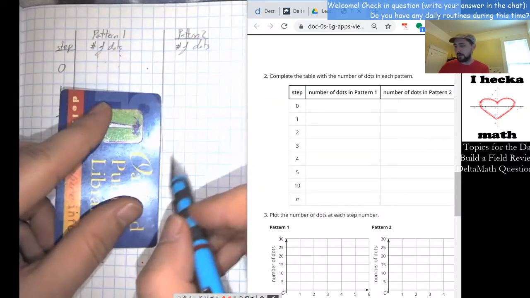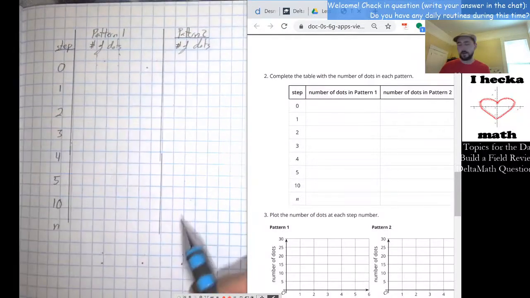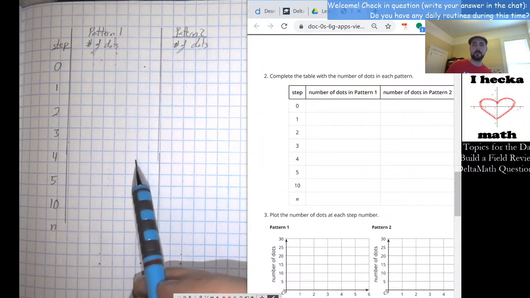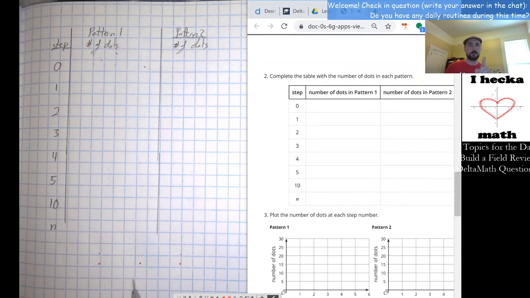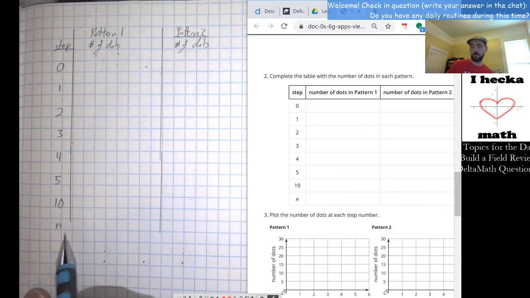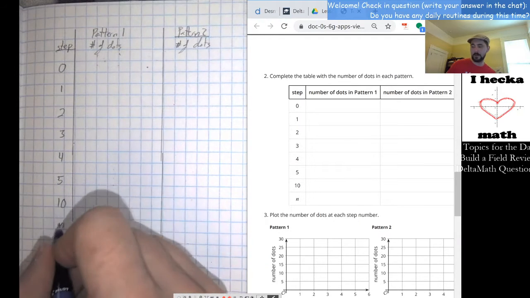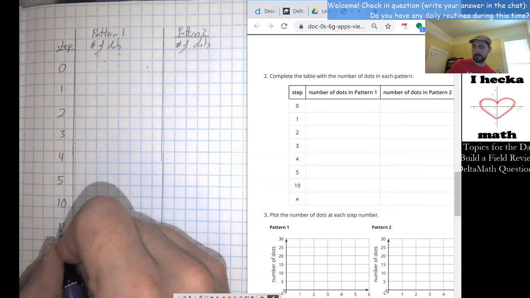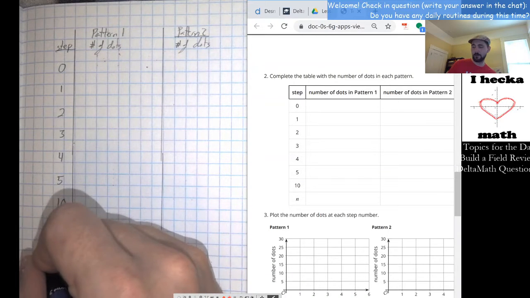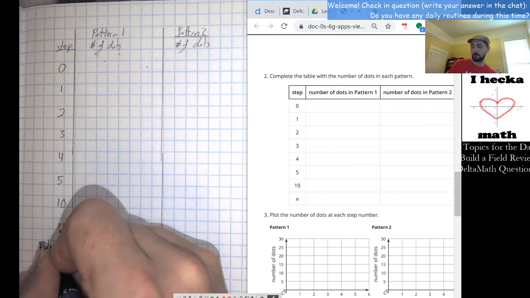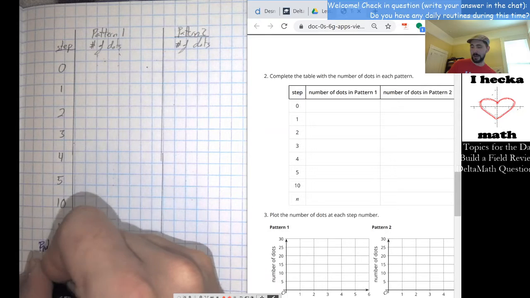Alright, at this point, I'm going to start filling in this pattern, the number of dots. You should do this on your own. Again, if you're not ready, pause the video, do this on your own, and then come back. One note, this last line here, this N, this is asking, can we find the rule for the pattern?